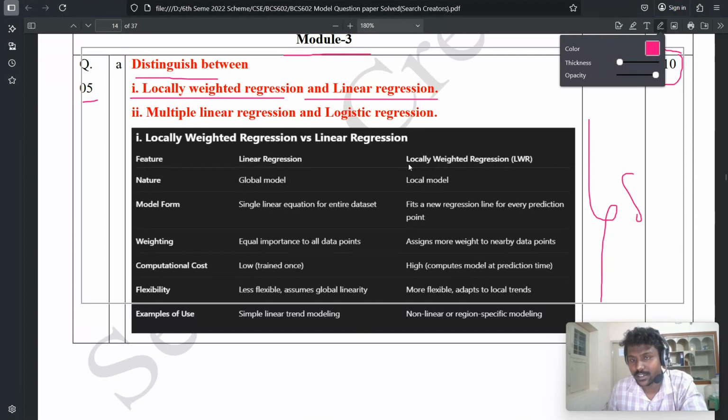Locally weighted regression assigns more weight to nearby data points. I hope you know all about these points.